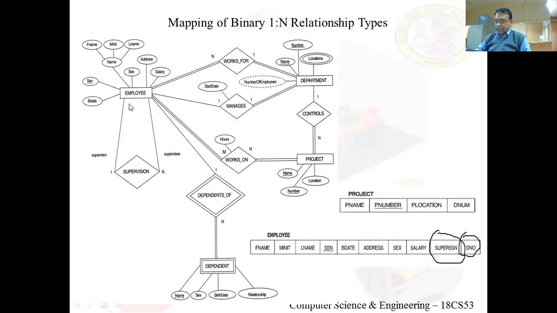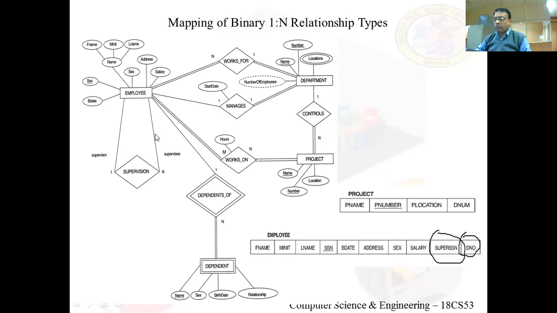Include in S, S means employee, the primary key of T. Now, which is the primary key of department? D number. In employee, along with the other attributes, I need to add the primary key of the department. So department number is added here.